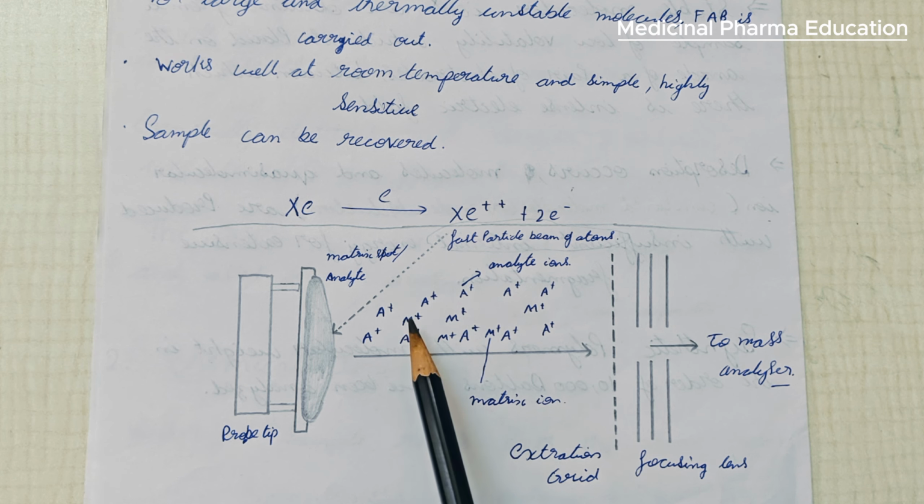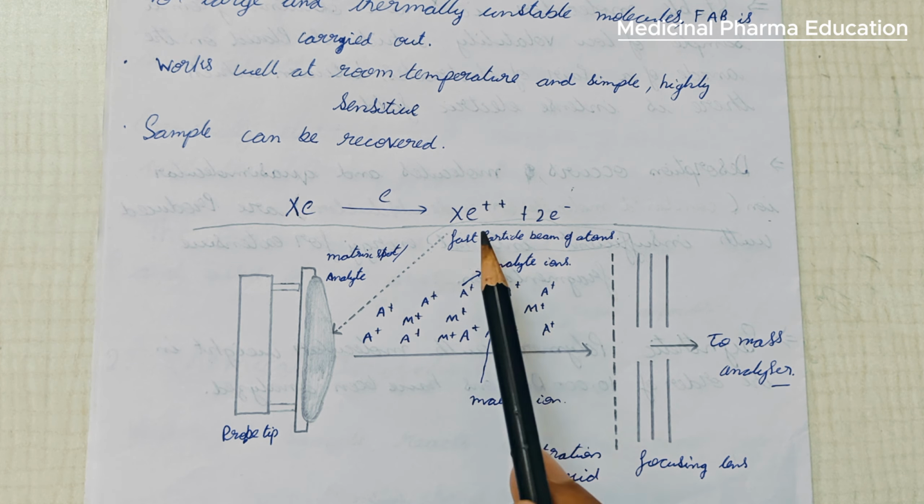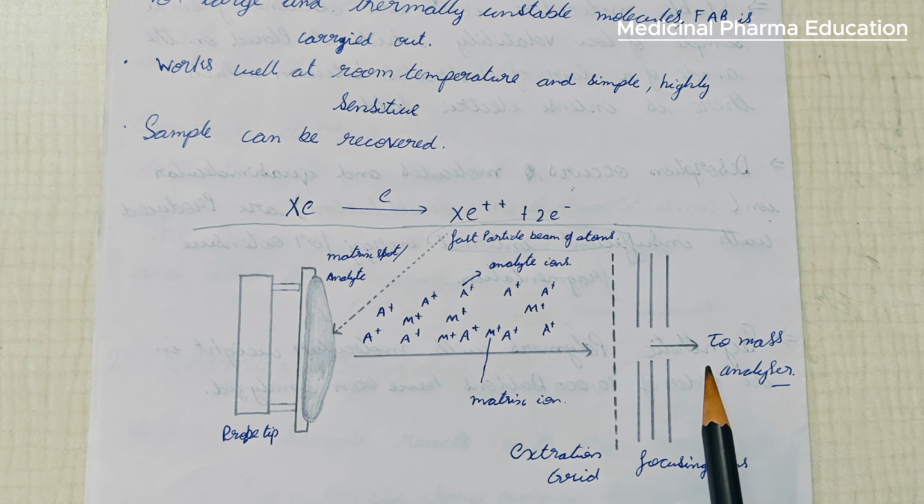It reacts with the sample molecule and takes electrons, and positive ions are formed. By this way we get positive ions, and these are focused by the focusing lenses. This is the basic principle of fast atom bombardment. Hope you are understanding.